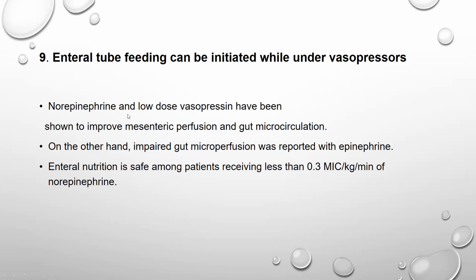Norepinephrine and low-dose vasopressin have been shown to improve mesenteric perfusion and gut microcirculation. On the other hand, impaired gut microperfusion was reported with epinephrine. Enteral nutrition is safe among patients receiving less than 0.3 mcg per kg per minute of norepi. So if your patient is not exceeding this dose, you can safely initiate enteral feeding. But if you are already above this dose, you better wait until you come down with the inotropes, and then you can safely initiate enteral feeding.